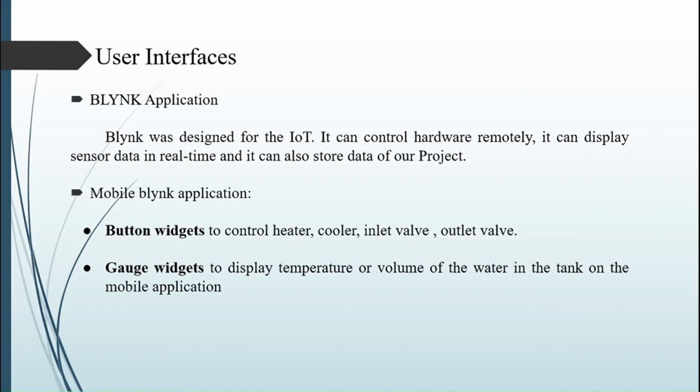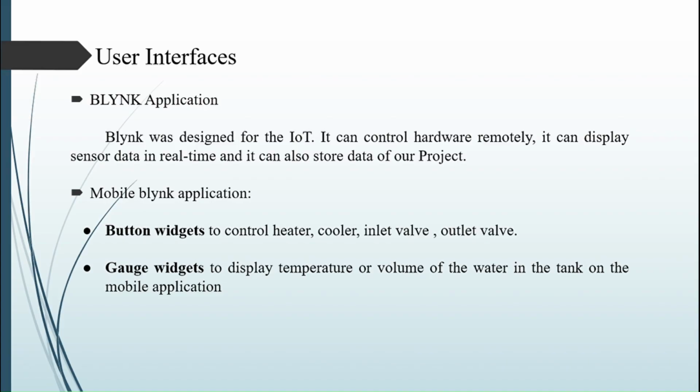We have, next slide, the user interface. In this project, as we know, we are using the Blynk IoT app that is designed for IoT projects to control equipment remotely. It controls hardware remotely and it displays sensor data in real time, like what is the temperature and what is the volume. We have some buttons to control it.